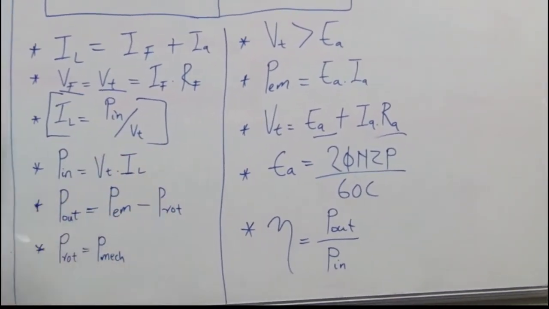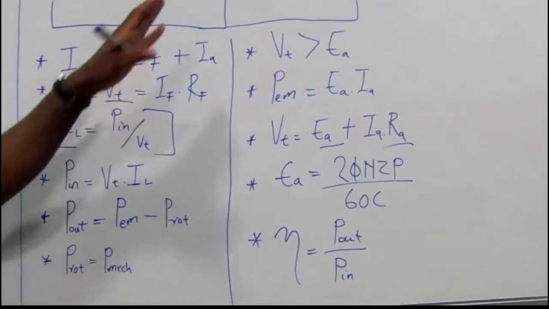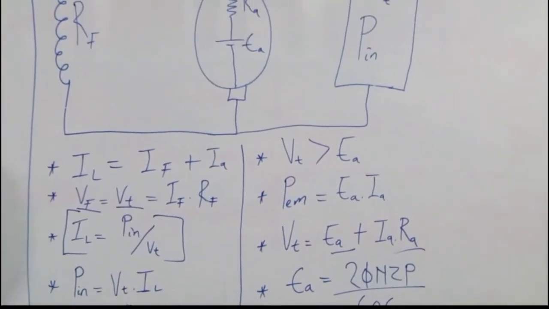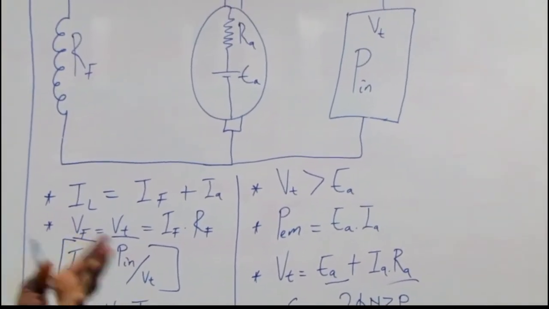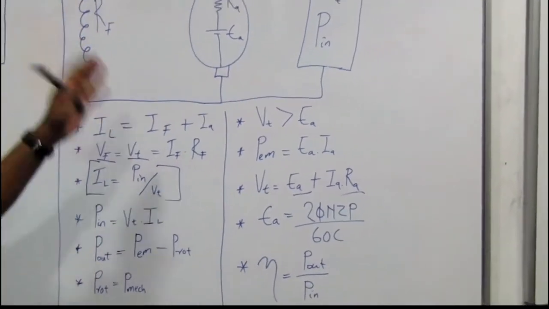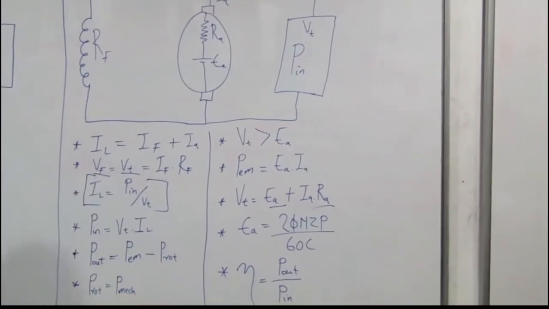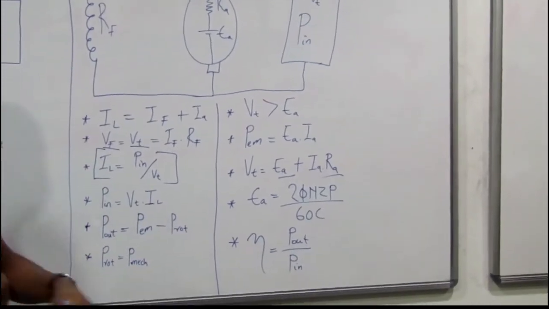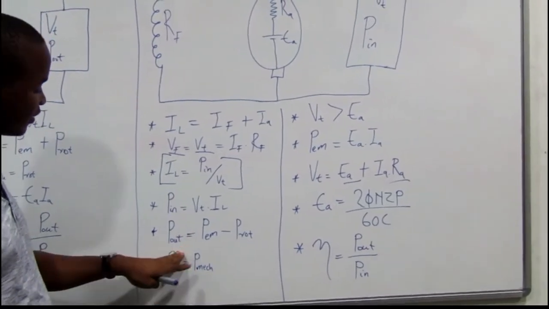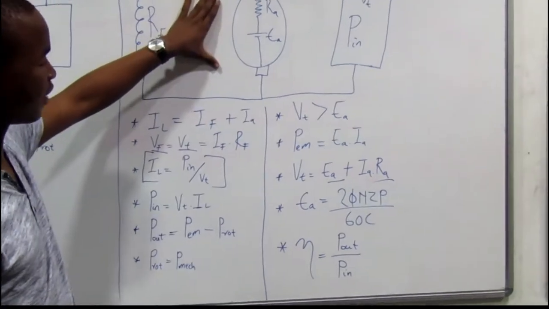If you are not given, they will say calculate it using perhaps an armature resistance, or they can say that the rotational power is 10% of the armature current. Therefore, you need to multiply it by 0.1, then you get your rotational power. But here is the formula for calculating power output, and this power output is for this armature.